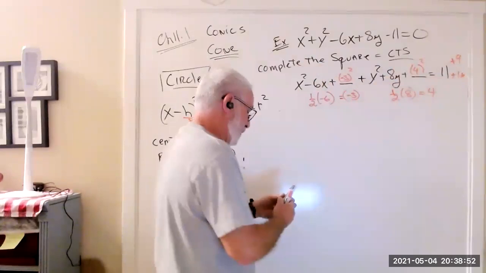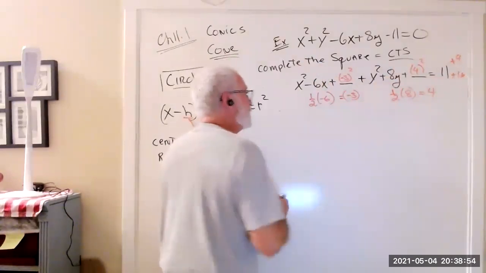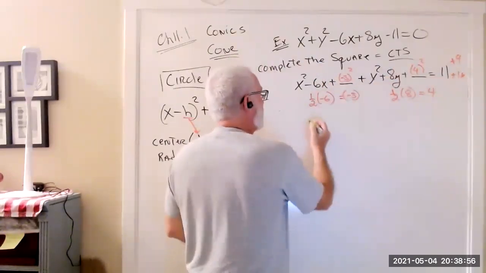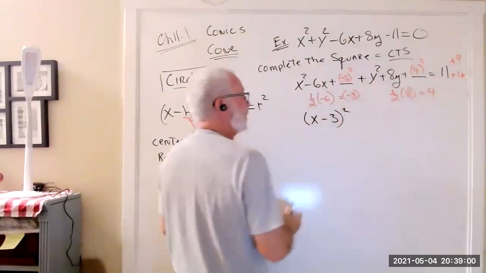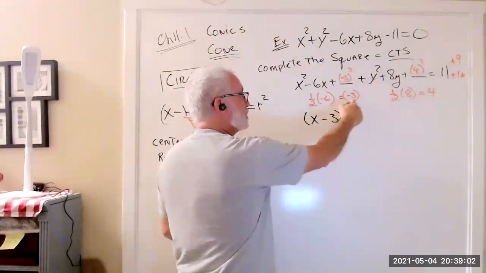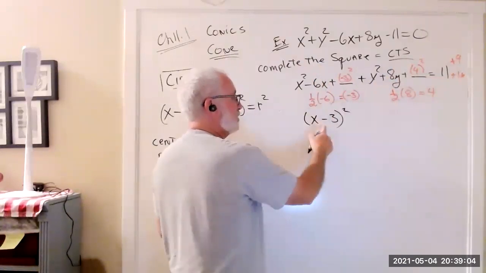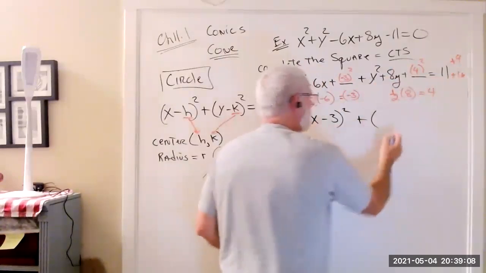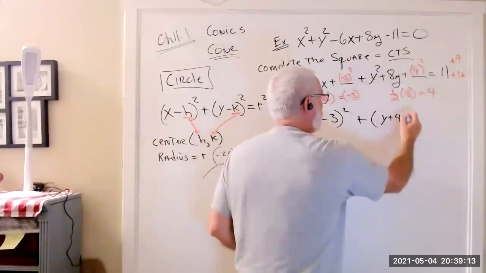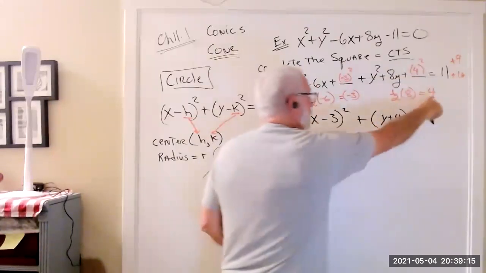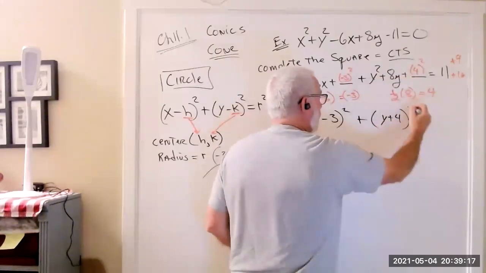Now, the other thing I said is, if you did this right, this will automatically factor into x minus 3 squared. Whatever that number is, it'll factor that way, x minus 3 squared. Plus, this will factor into y plus 4, that number squared.